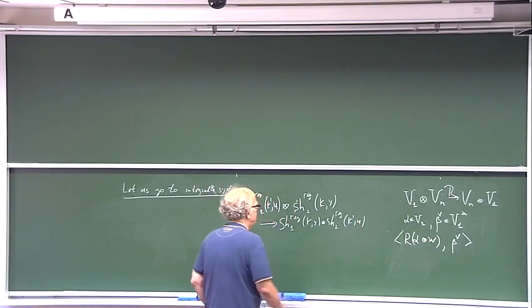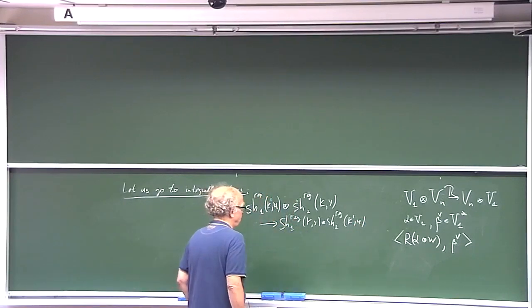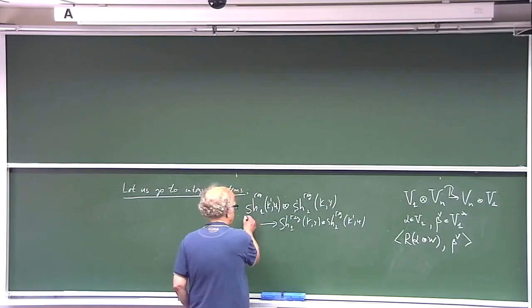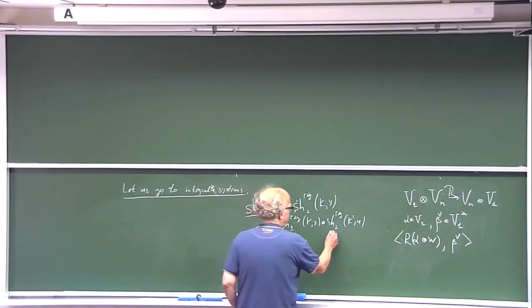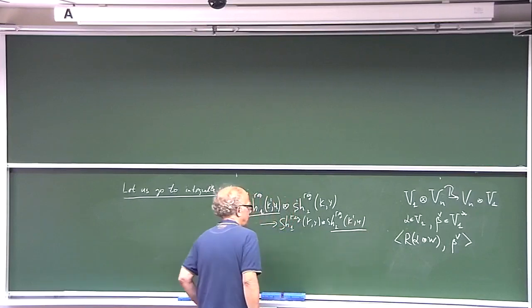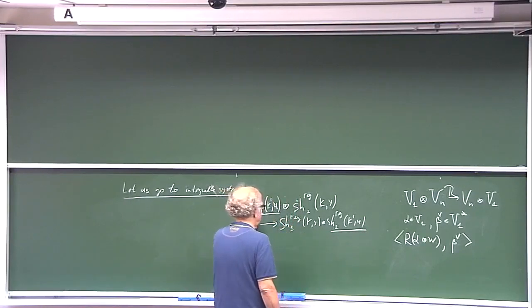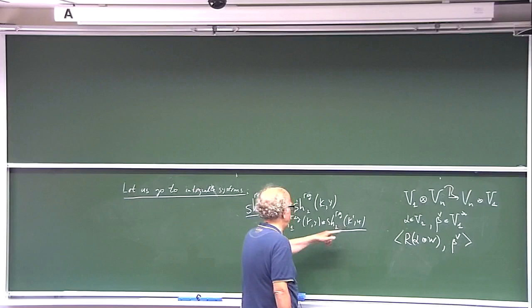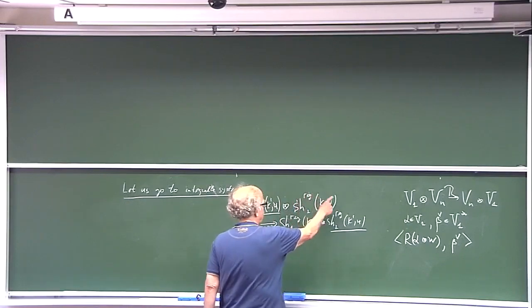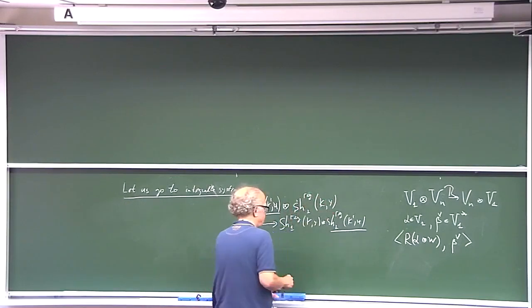Now, using this operator formalism, I can take this and this, take vectors here and covectors here, and get some operators which are acting here.